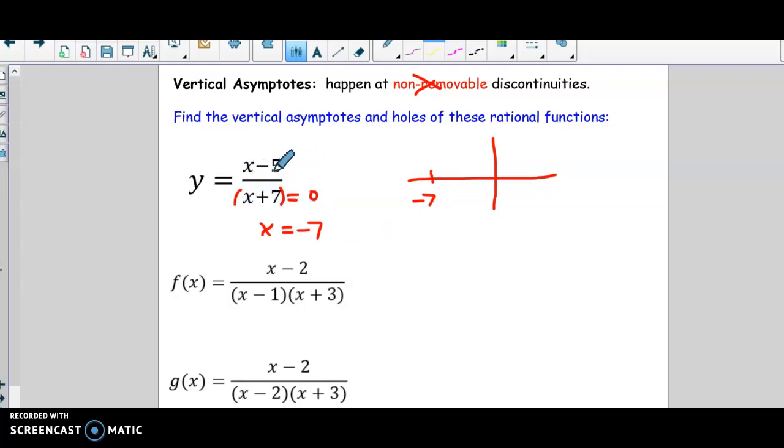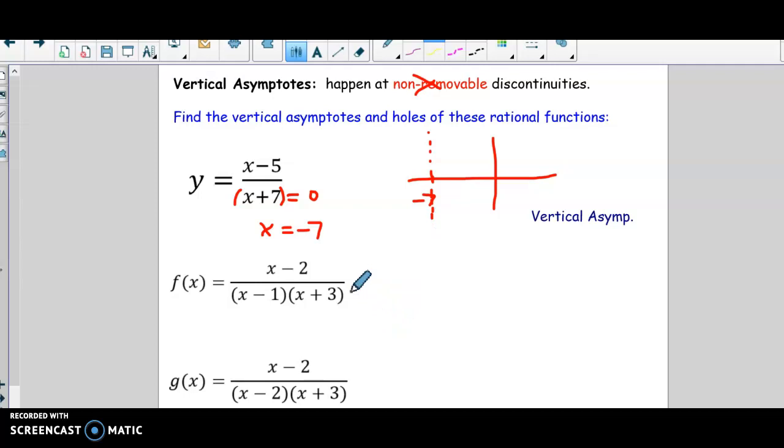In this case, it does not have a match, right? So if there is no match at all, then this one is going to be a vertical asymptote. Okay, so this first one, vertical asymptote here at negative 7. So it looks something like a dotted vertical line.